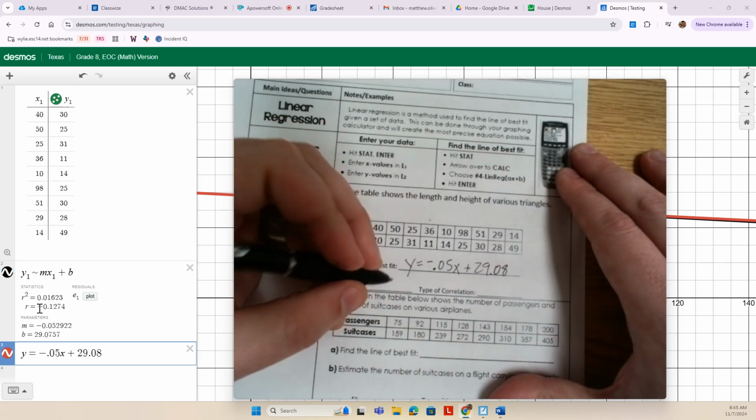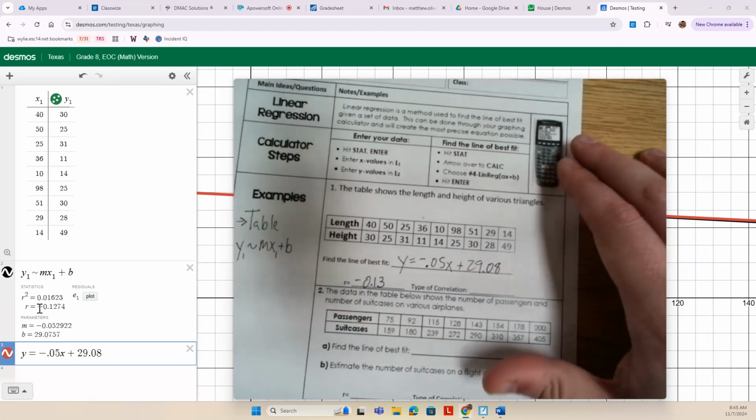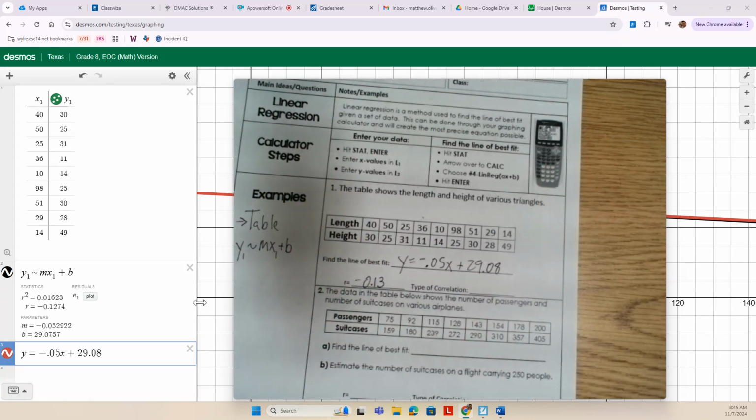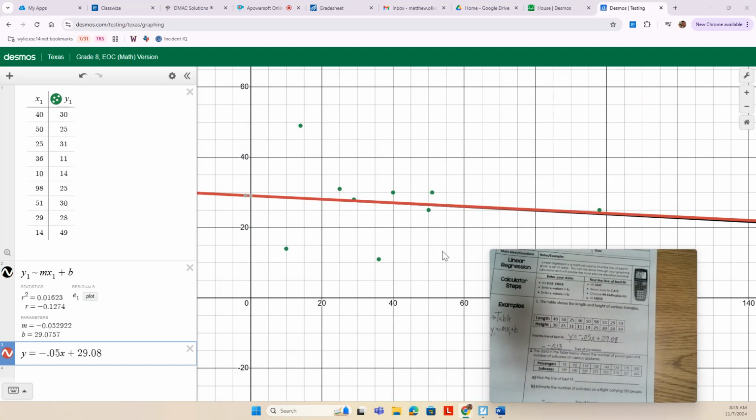So r is negative 0.127, so 0.13. What that means is, as we look at this graph, it has a negative slope, so we'd say it's a negative correlation. When that r value is negative, that means it's negative.